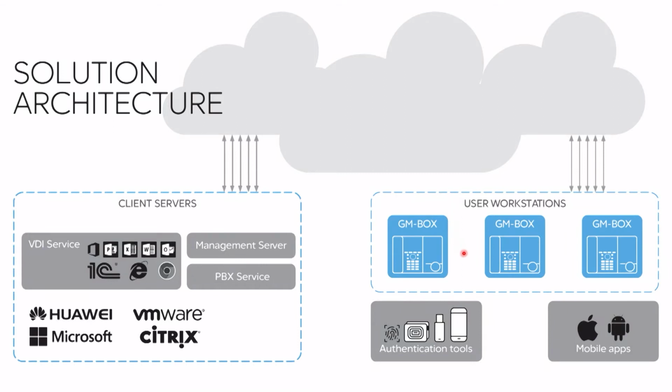So when the user comes and uses their authentication method, the GMBox asks the management server: hello, there is a new user, I need to know what VDI service to launch for them and what PBX service to launch for them. This profile is combined with some external policy.